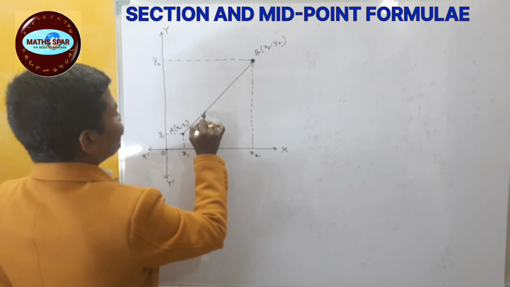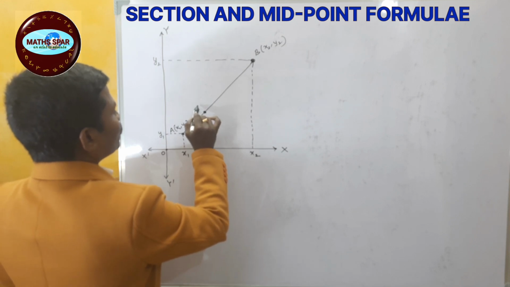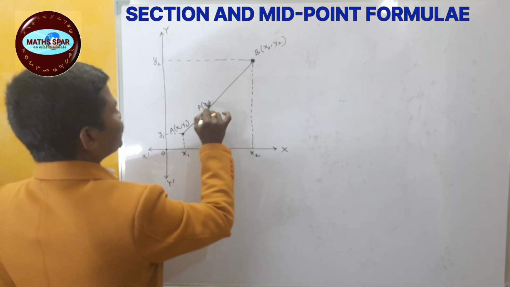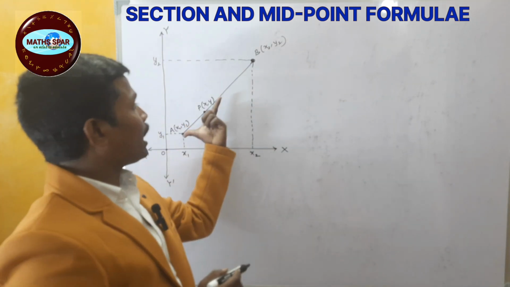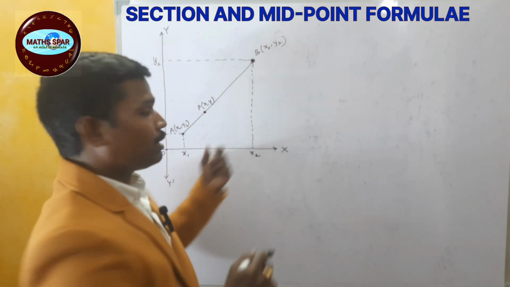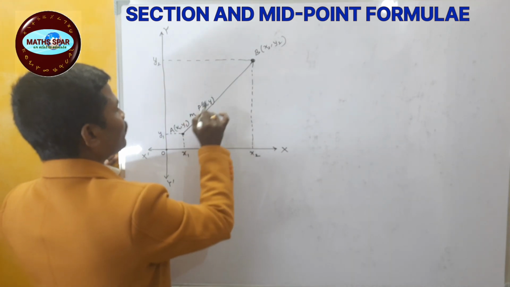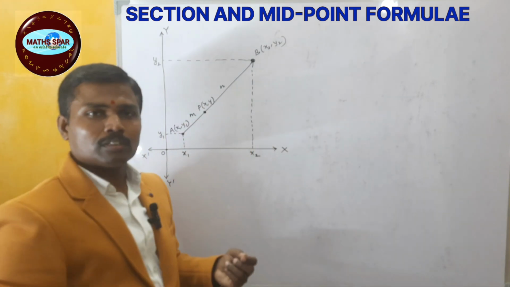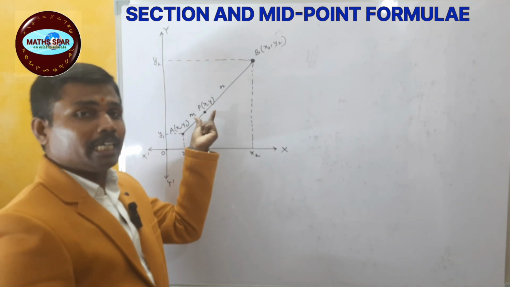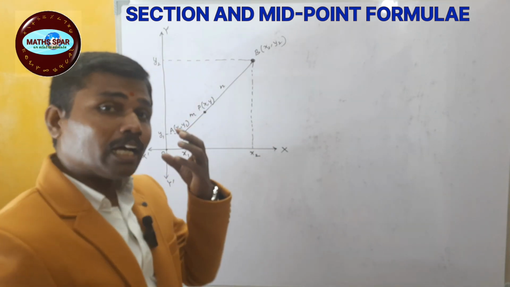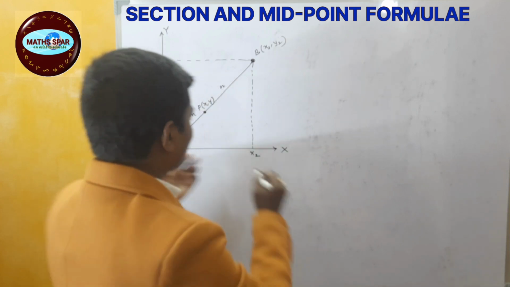Now if point P of x comma y is dividing this line segment AB in the ratio m is to n, how do we find the coordinates of this point P and how do we derive it? Let us see.